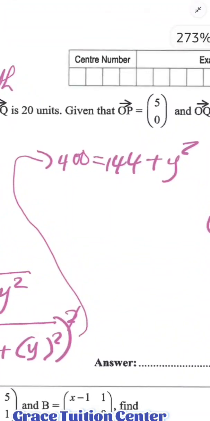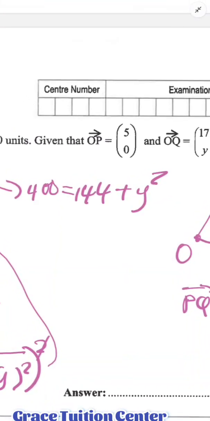Okay, now once we have this, we're going to go ahead and group the like terms, so you can clearly see that the 400 and the 144 are like terms. So I'll have to move the 144 to the other side so that y squared remains alone.